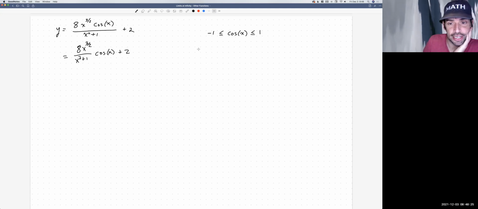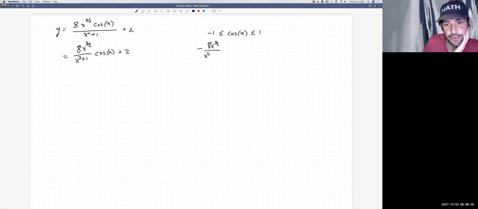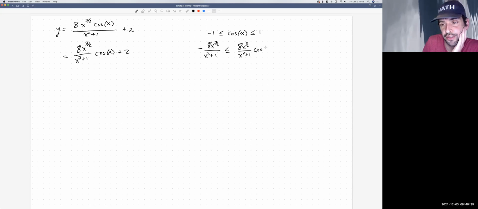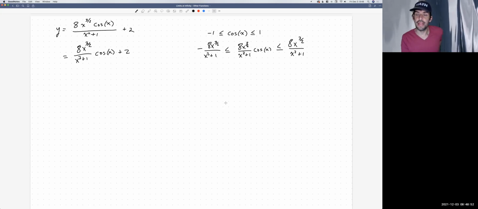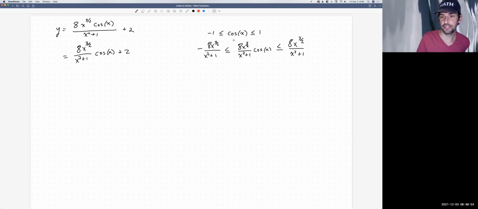So I multiply through and I get negative 8x to the 3/2 over x squared plus 1 is less than or equal to 8x to the 3/2 over x squared plus 1 cosine of x, which is less than or equal to 8x to the 3/2 over x squared plus 1. Okay. So now I know that this function, not quite the function we have, is pinned in between these two other functions.